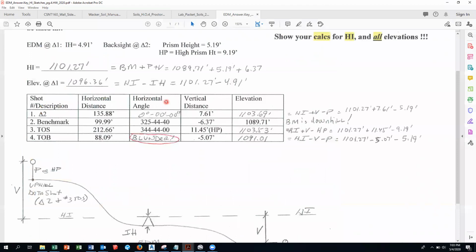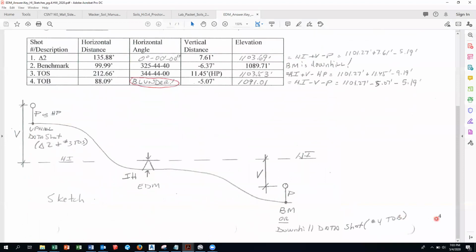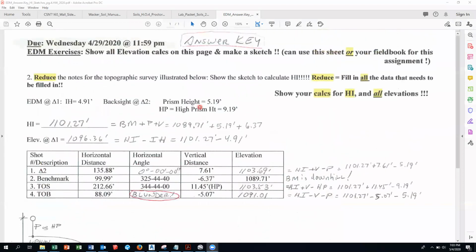Okay, so this was page 4 of the handout.